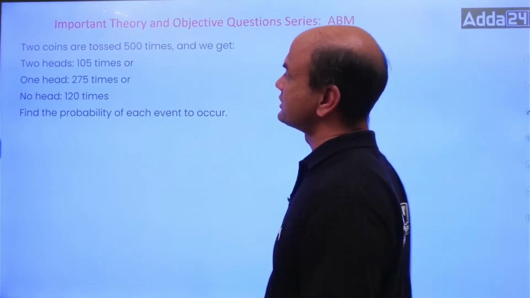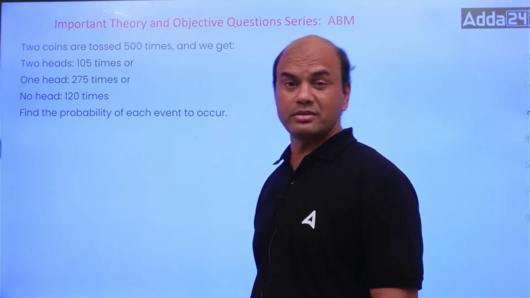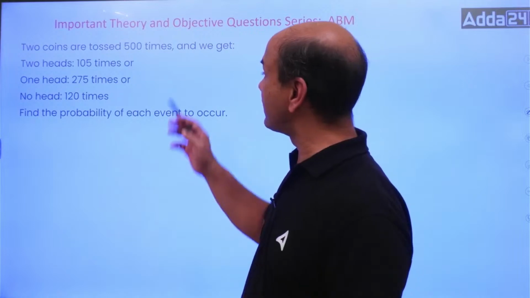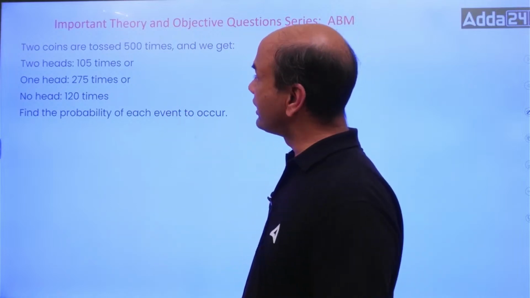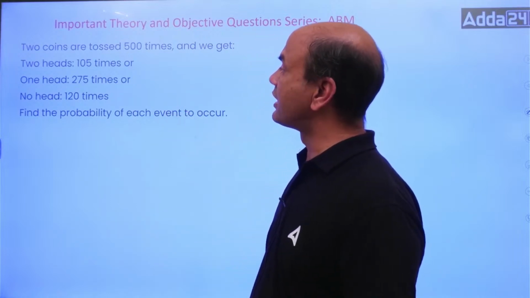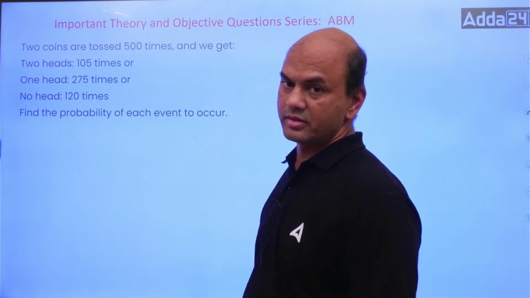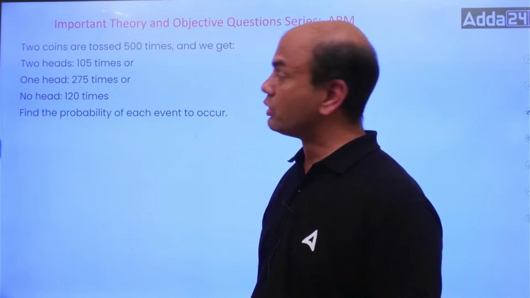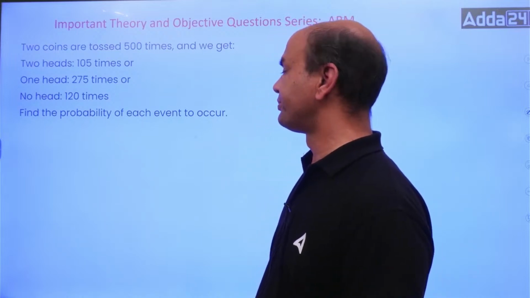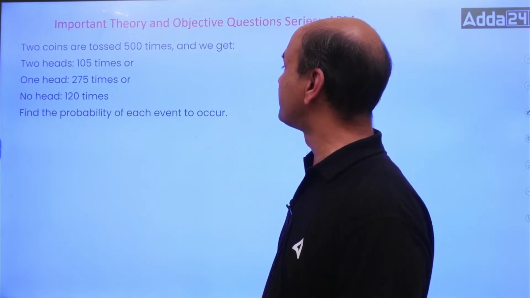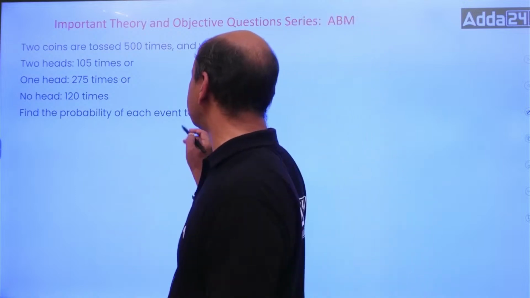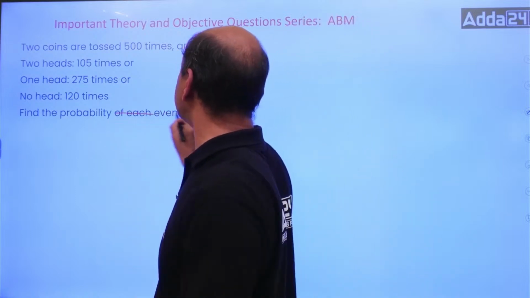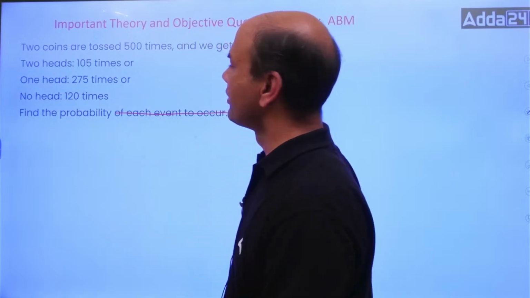Two coins are tossed 500 times. My God. Two coins are tossed 500 times. And we get two heads 105 times, or one head 275 times, or no head 120 times. Find the probability of each event to occur, or forget each event, find the probability, that's it.